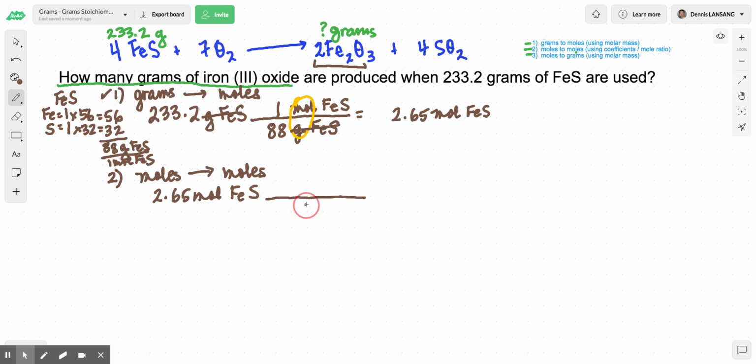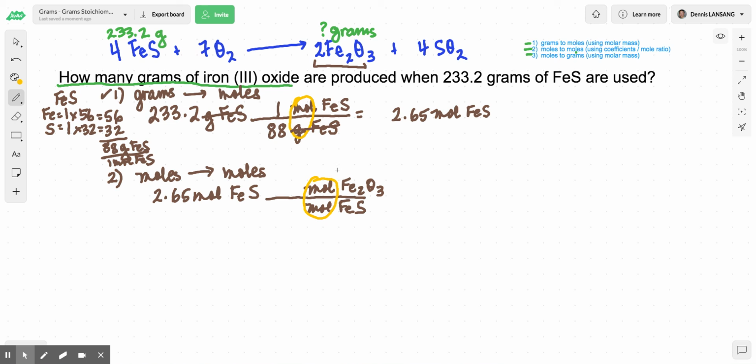The unit that goes on the bottom of the conversion is the unit we're trying to cancel out. In this case, it's the moles of iron 2 sulfide. And on the top, the moles of the substance we are calculating for. And that is iron 3 oxide, Fe2O3. And you'll notice this is the mole ratio.